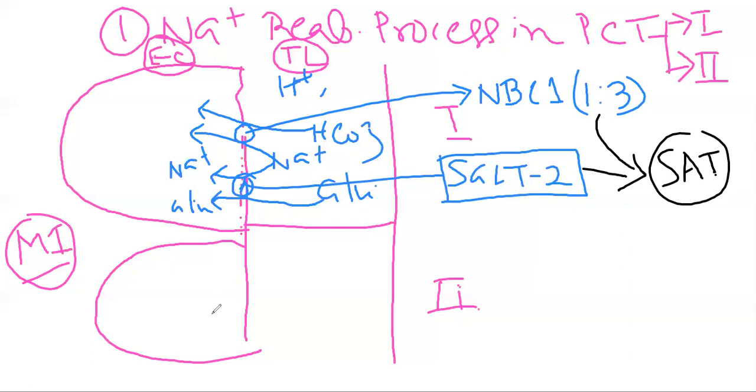That means when sodium ion is reabsorbed in this situation, both the bicarbonate as well as the glucose will also be reabsorbed in the same direction. So it is the unidirectional sodium ion reabsorption process.